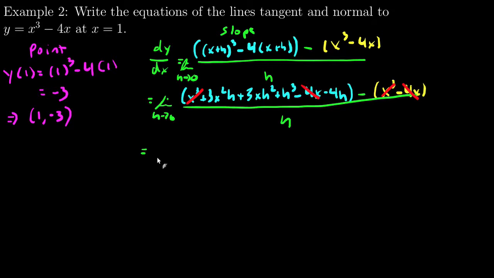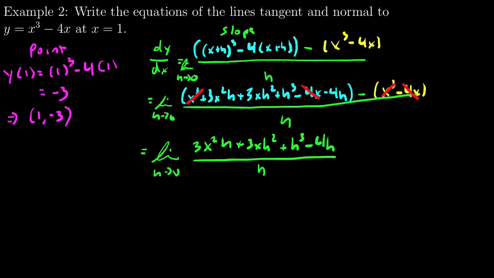So now we are at the derivative equaling the limit as h approaches 0 of 3x squared h plus 3xh squared plus h cubed minus 4h all over h. And I'll do it the other way this time. So I see everything has a factor of h. So instead of just going through the process of factoring out then dividing, I'll just divide straight away. So divide this by h, divide this by h, divide this by h, and divide this by h.